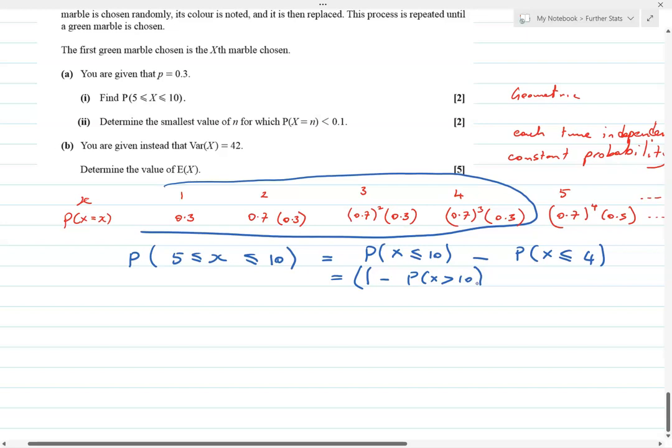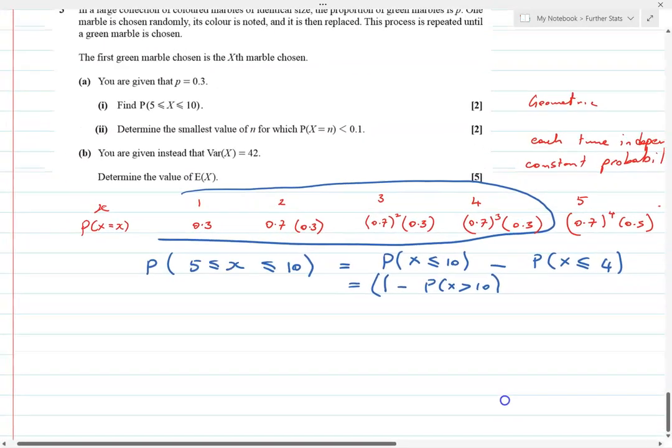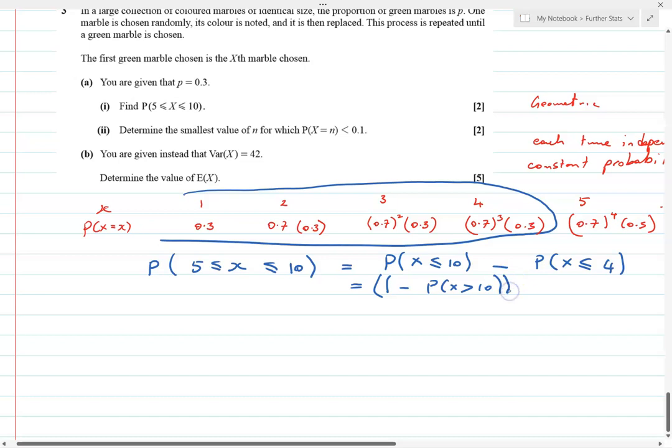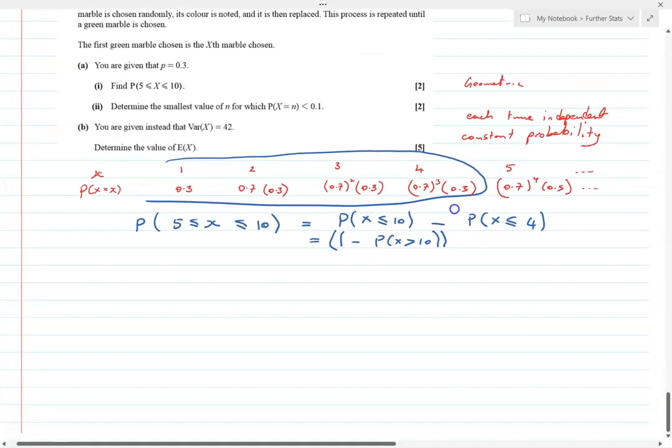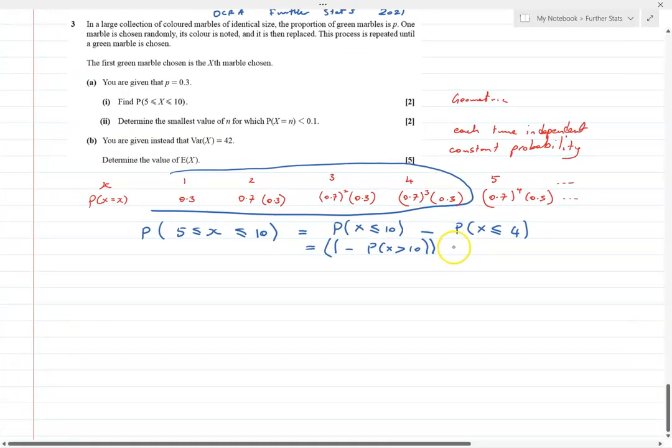So greater than 10, 11 or more, or 10 or fewer. One of those has got to be the case, and both of them can't be the case, so they must add up to 1, hence 1 minus.